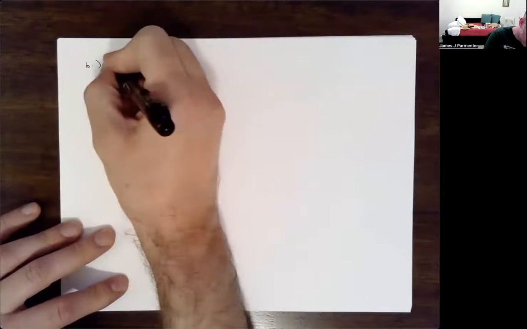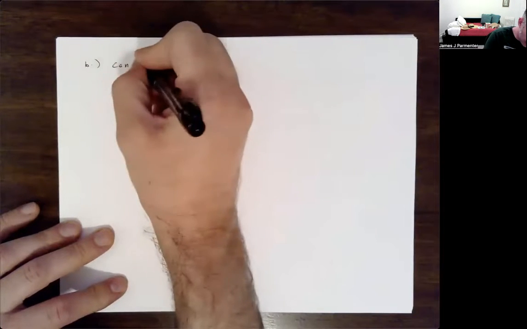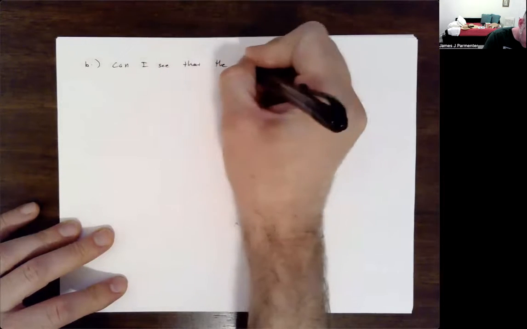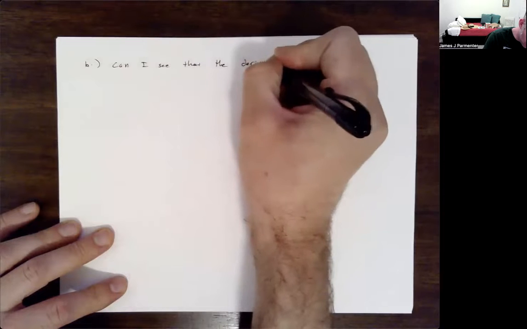So the next thing I usually look for, if I have really any integral, is can I see that the derivative of one part is equal to another part?